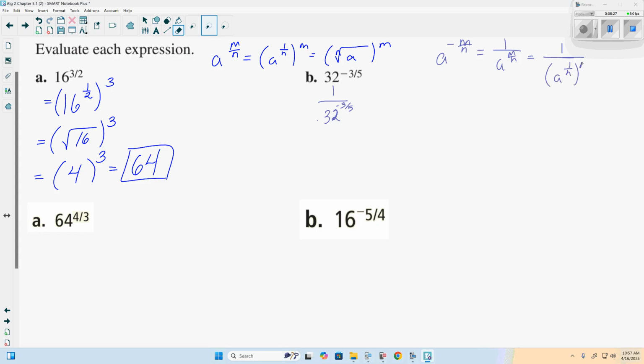And our property then says that we can rewrite this as a to the 1 over n to the m. So this is the same as 1 over 32 to the 1/5 to the third, and that shouldn't be negative.